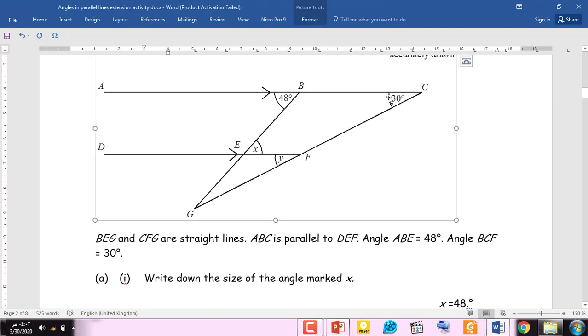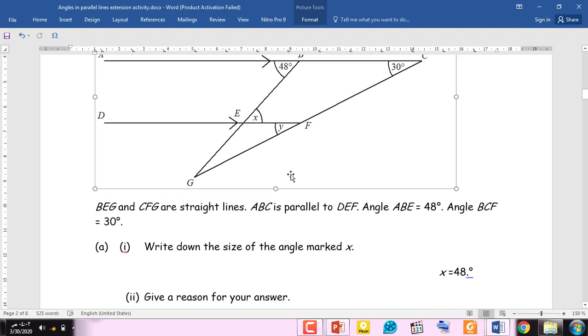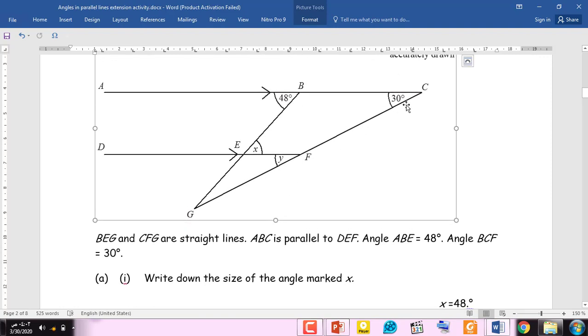the 30. Actually, I can draw a reversed F shape. So the 30 and the y angles are actually equal. Why are they equal? Because they are corresponding.